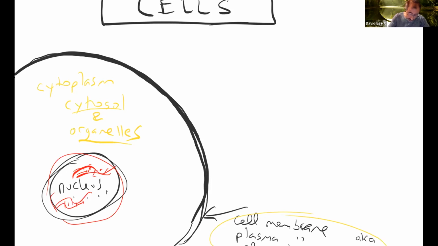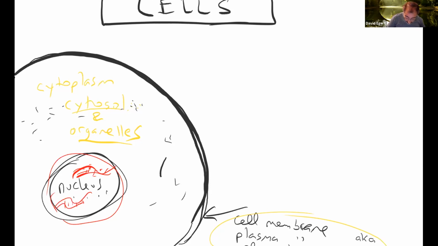When we talk about glycolysis, the beginning of breaking down cellular respiration, those enzymes are just floating around in the cytosol, and the initial stages of the metabolic pathway are just going to be happening in the cytosol. When we say the word cytosol, it just means the fluid generally inside the cell.